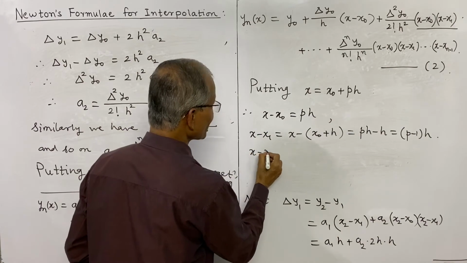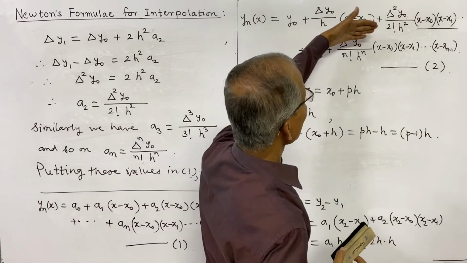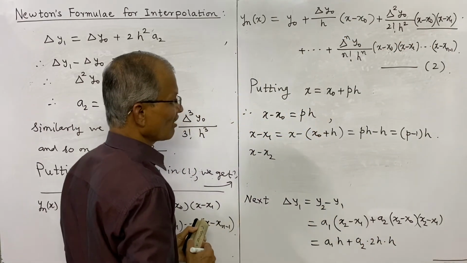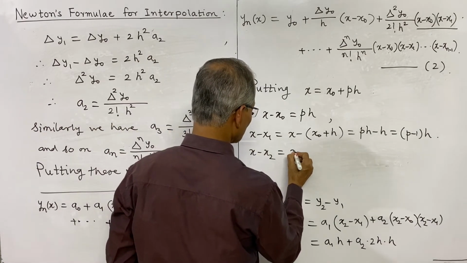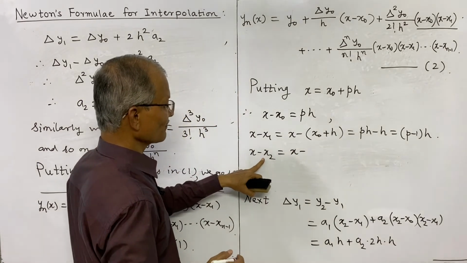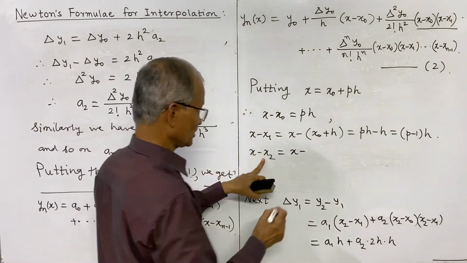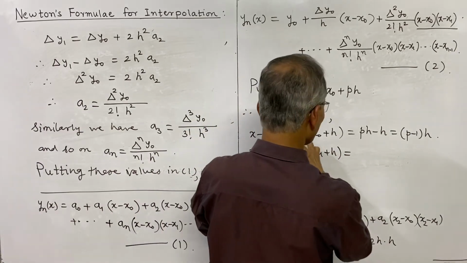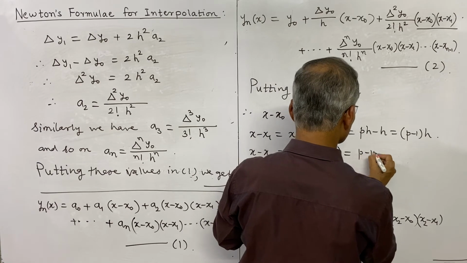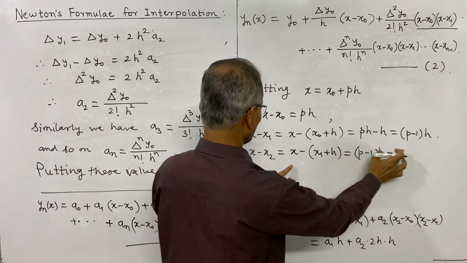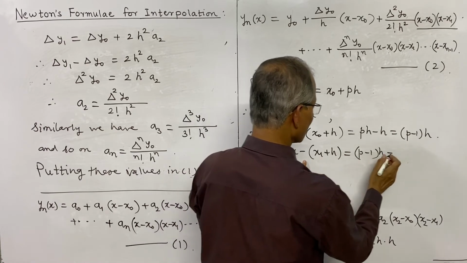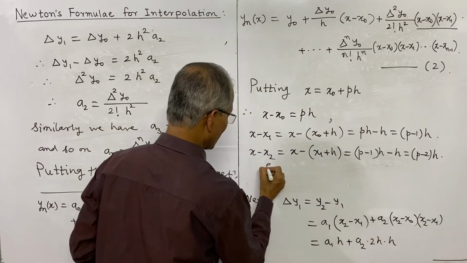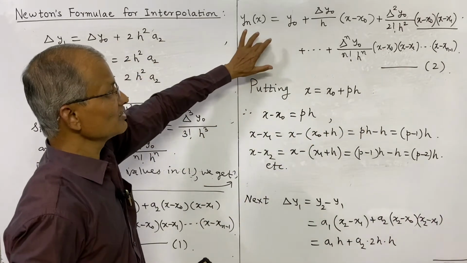And what is x minus x2? Next required value is x minus x2, that will be equal to x minus, so x2 is x1 plus h, and this is equal to, so x minus x1 is p minus 1 into h, here it is p minus 1 into h minus h, or this will be p minus 2 times h, etc. So we substitute these values in 2.